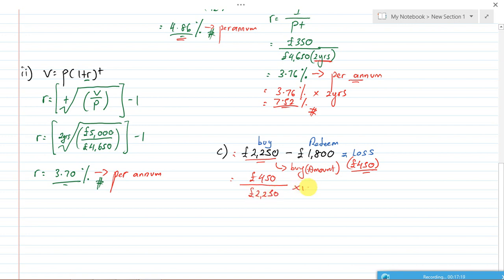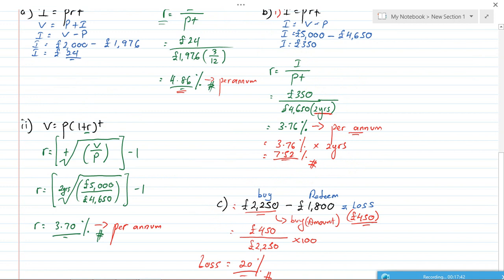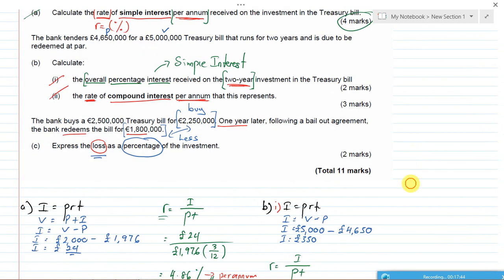Then you times with 100. So how much do you get? You get 20%. So we lost by 20%.